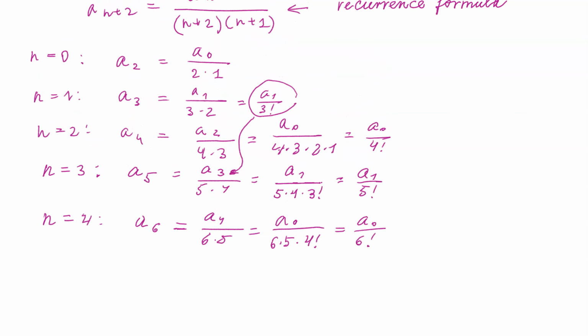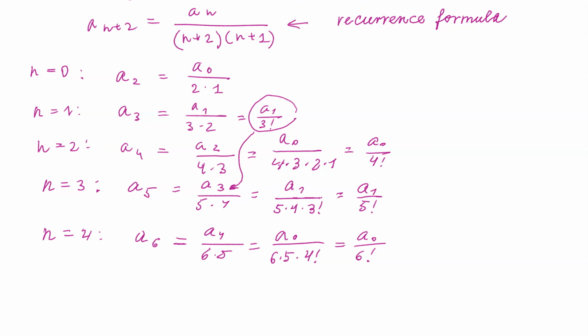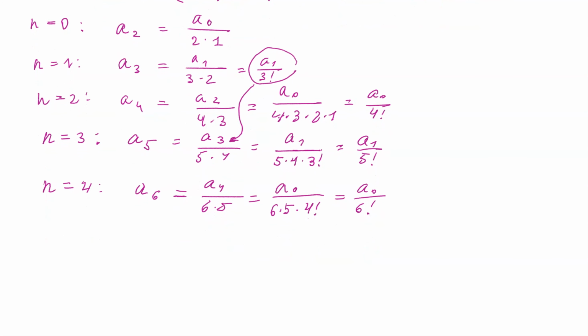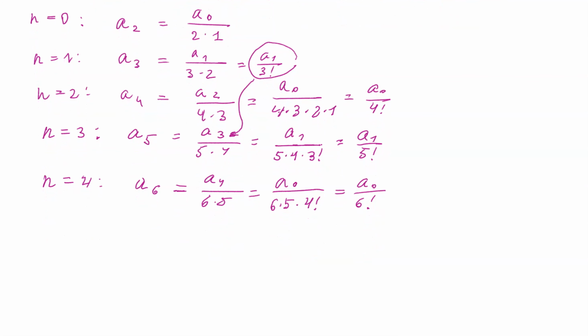Remember, guys, that a1, a2, a3, a4, and so on are coefficients of corresponding powers of x. For example, a0 is the coefficient of x to the power of 0, which is like 1, right? And a1 is the coefficient of x to the power of 1, and a2 the coefficient of x to the power of 2. So I'm just going to write them down next to the terms they have.